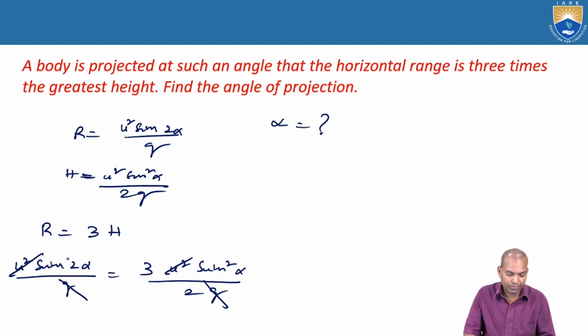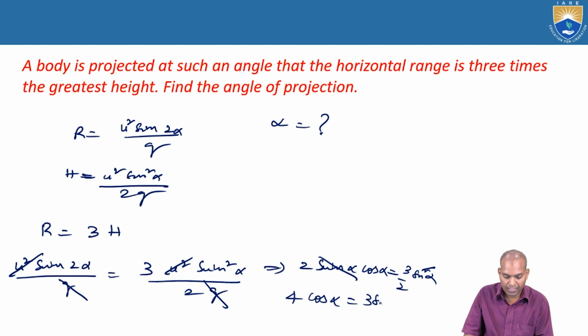Sine 2 alpha can be written as 2 times sine alpha cos alpha, equal to 3 by 2 times sine square alpha. Again, one sine alpha will be cancelled, and we get 4 times cos alpha equal to 3 times sine alpha. Moving sine alpha by cos alpha to the other side, sine by cos is tan alpha equal to 4 by 3.